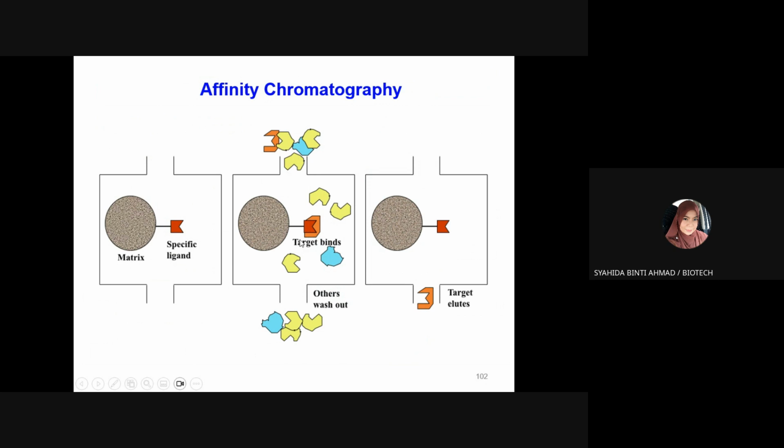The others will go out and be removed. Only the target protein that binds will stay in the column. Once you have flushed out all the unwanted protein, you can elute the protein that binds to the specific ligand, and then you get a pure protein. This is what we call affinity chromatography.